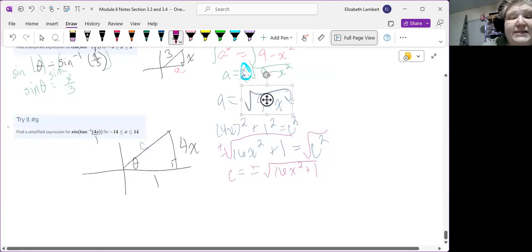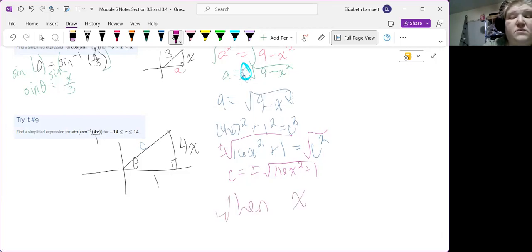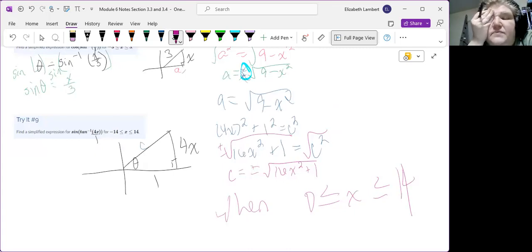So when x is positive, c is the positive square root of 16x squared plus 1.